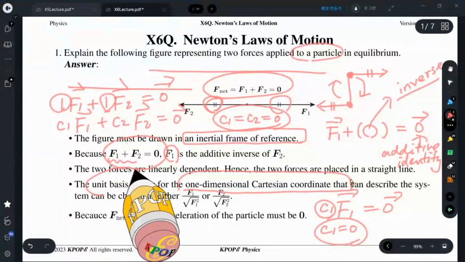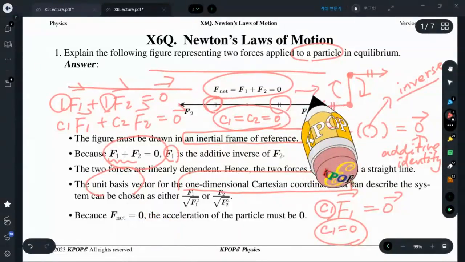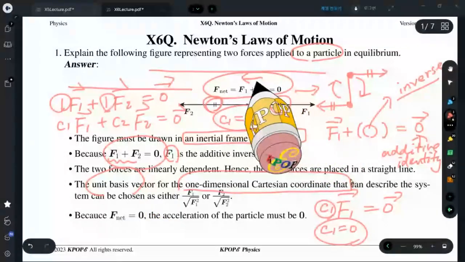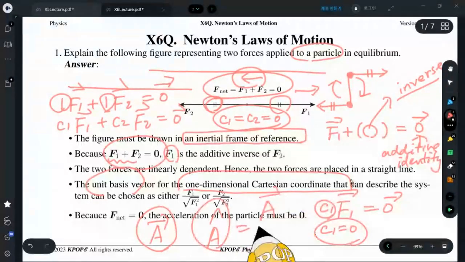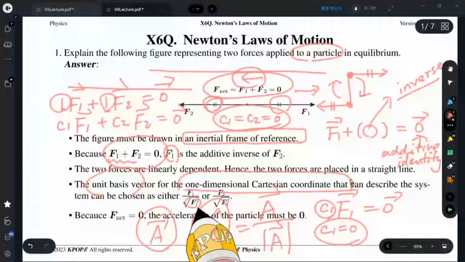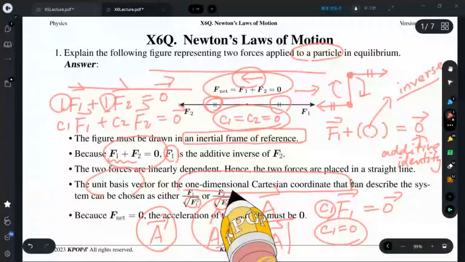Unit basis vector is either along this direction or that direction. The unit vector out of a vector A, the hat vector, is obtained by dividing this vector by its own magnitude. And these are magnitudes of F1 and magnitude of F2.